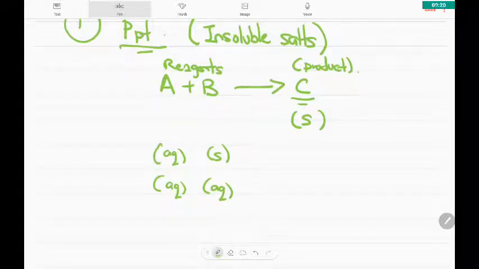What happens if I add aqueous with solid? Will there be a reaction? There is aqueous solution, so it's likely that there will be a reaction.